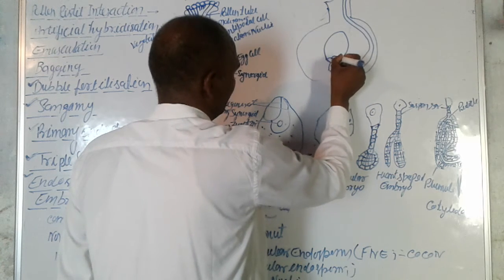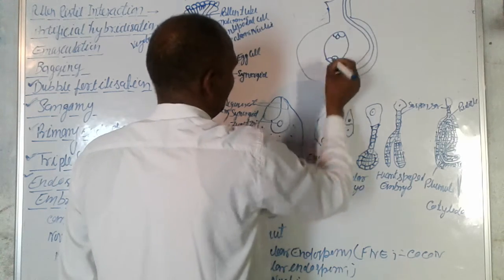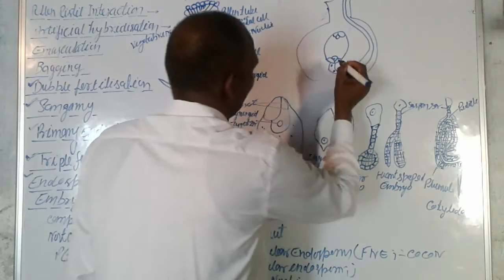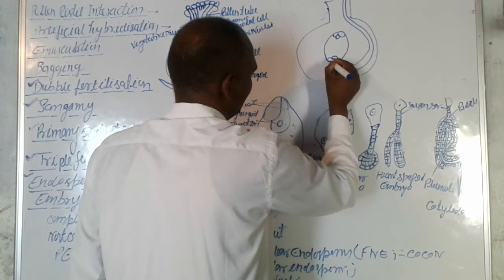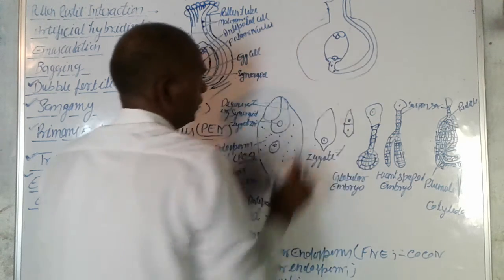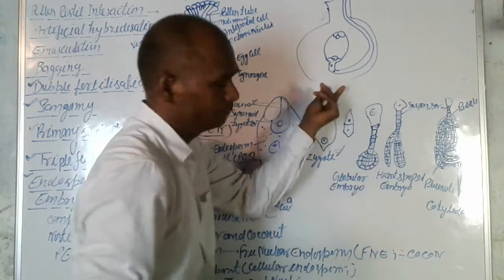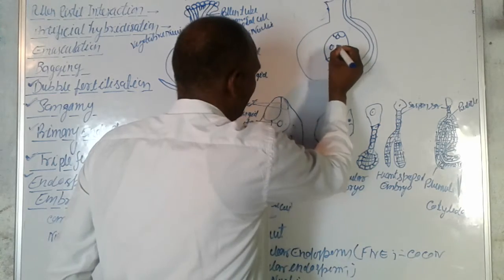This is the egg. Then this is the male gamete, and this is the polar nuclei.